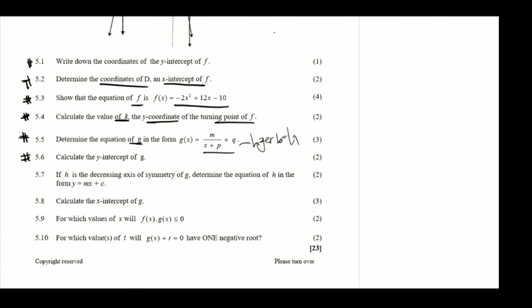Question 5.6 says to calculate the y-intercept of g. We calculated the equation of g in the previous question, so now we'll find the y-intercept. Remember that g(x) is equal to -36 over (x - 5) minus 10.